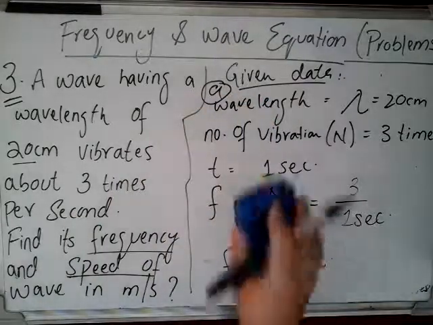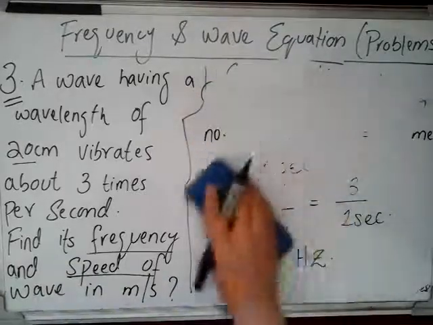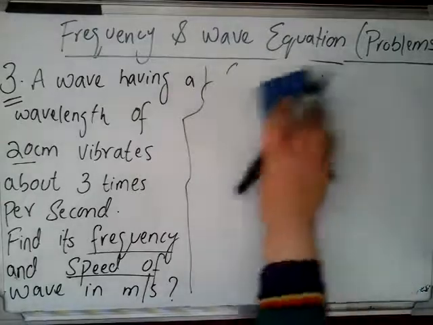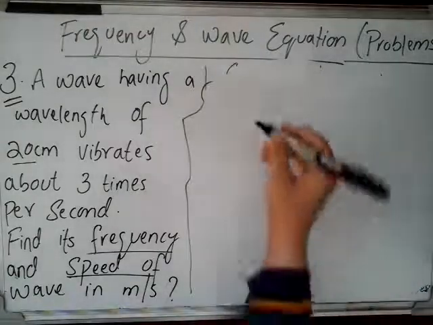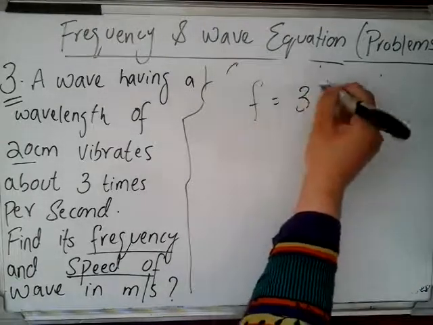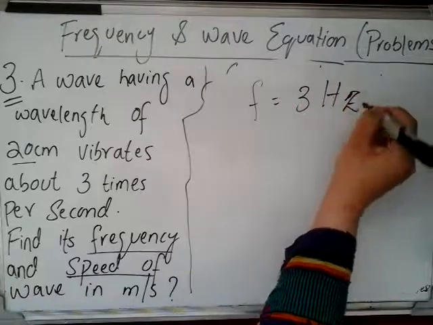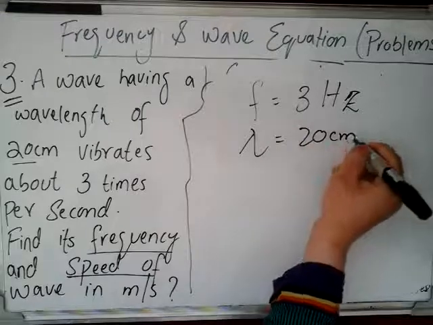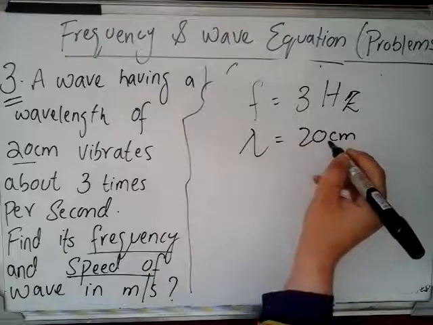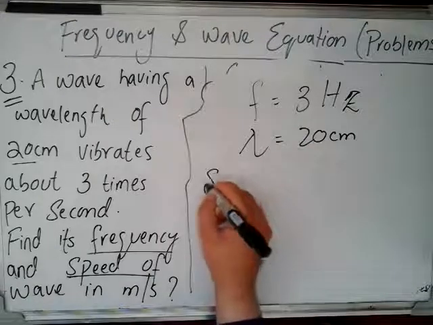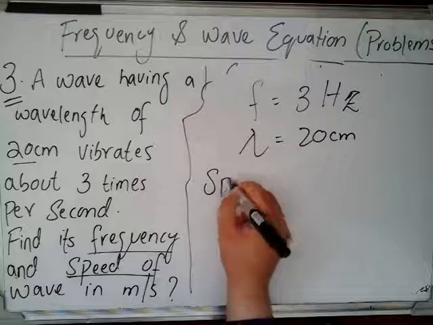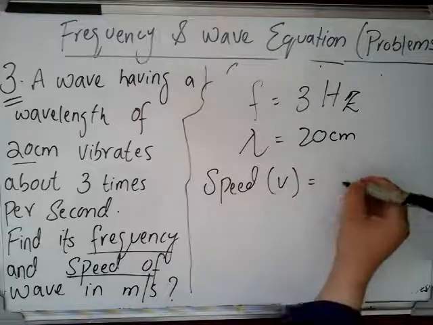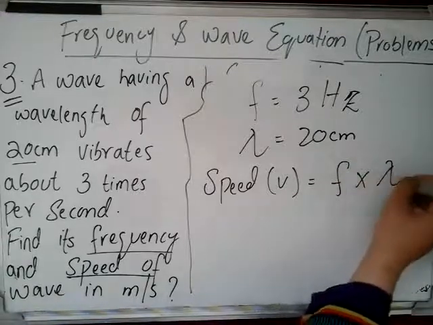Part B of the question is that you have to find the speed. As we calculated in part A, the frequency was 3 hertz, and the wavelength is 20 centimeter. So we know that speed, which is also denoted by V, is equal to frequency multiplied by wavelength.